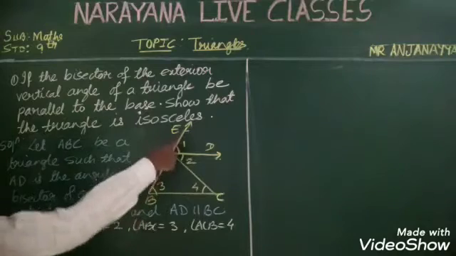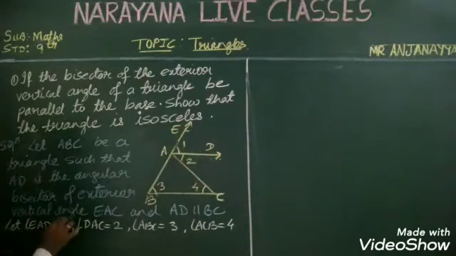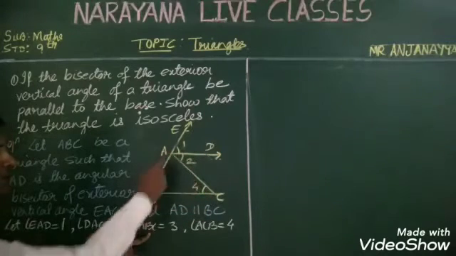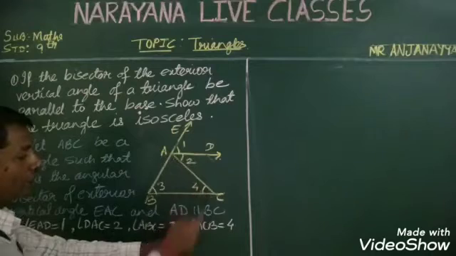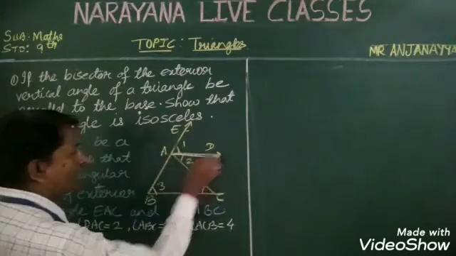Now I consider all these angles, that is angle EAD, let me call this angle 1, correct? DAC I call angle 2, ABC I call angle 3 and ACB I call angle 4. Now we know that this is an angular bisector.